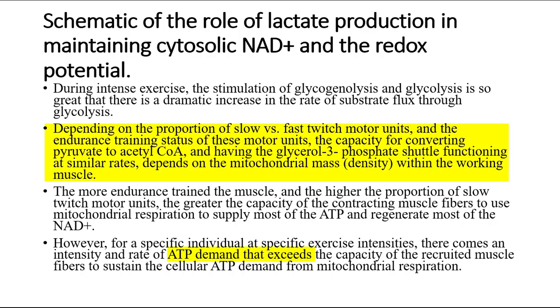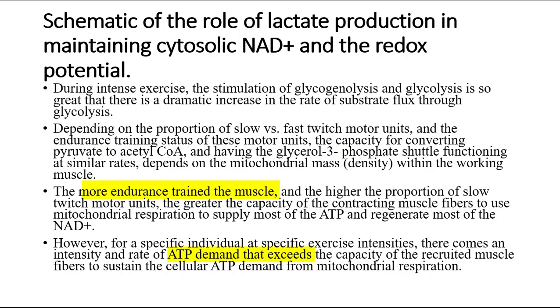Depending on the proportion of slow versus fast twitch motor units and the endurance training status of these motor units, the capacity for converting pyruvate to acyl coenzyme A and having the glycerol 3-phosphate shuttle functioning at similar rates depends on the mitochondrial mass or density within the working muscle.